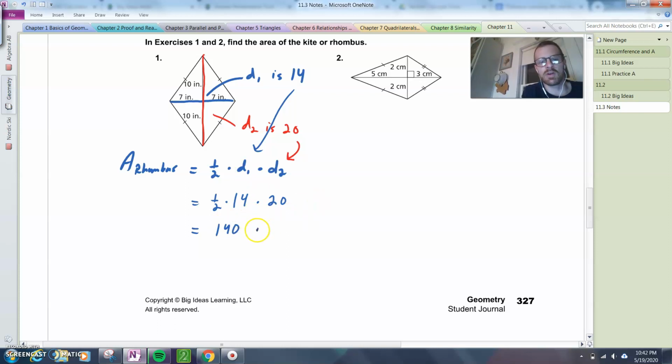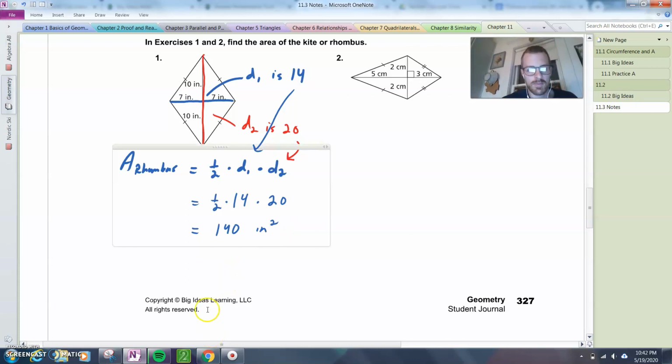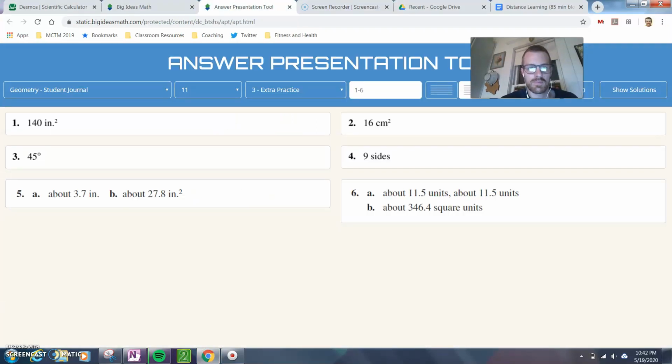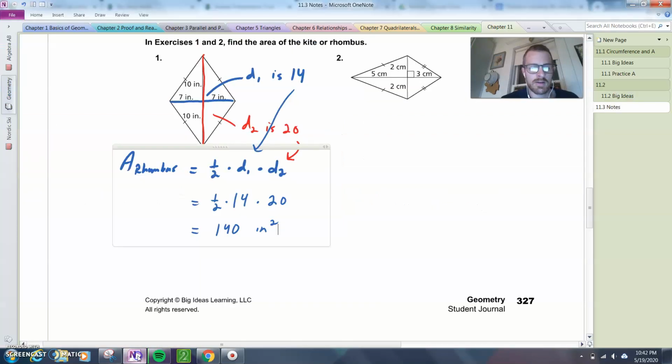And in this case, we are talking about inches. Area is always inches squared, or units squared. So that is my solution there. Let me just double check. 140 inches squared, perfect.